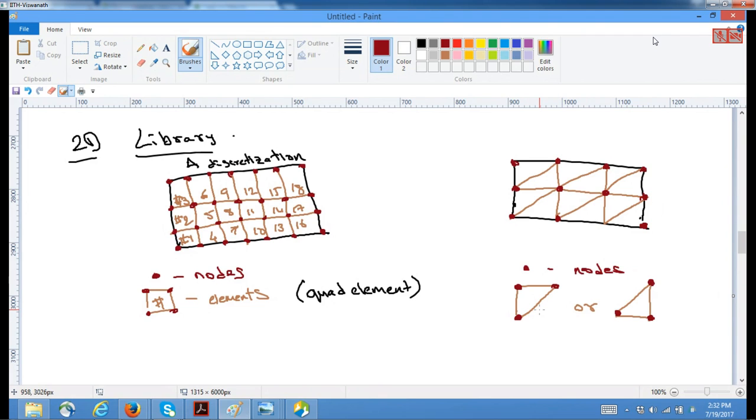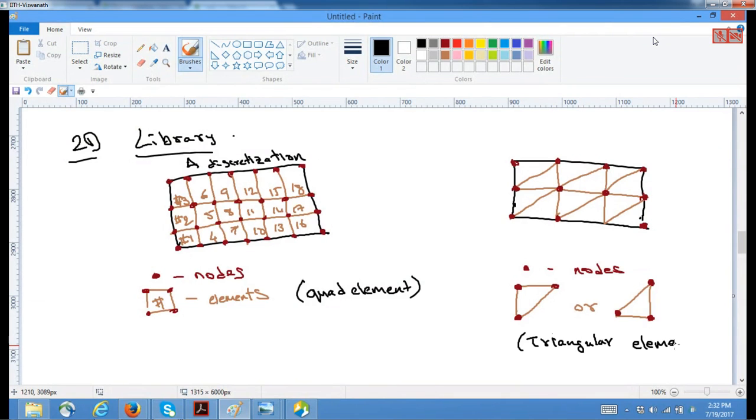So these are called triangular elements. This one is a triangular element.